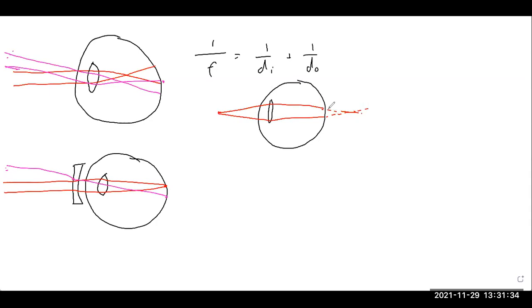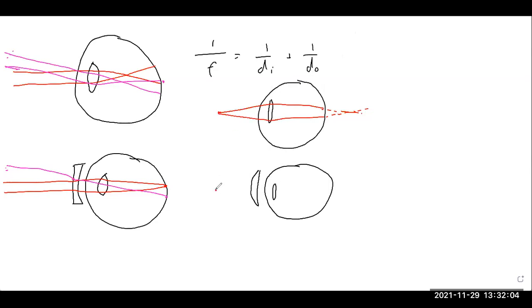That's not where the light is detected. So that can be corrected by putting a converging lens in front of the eye.